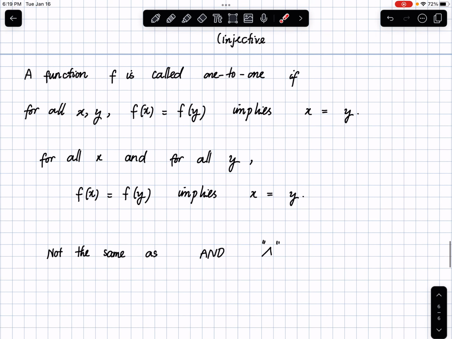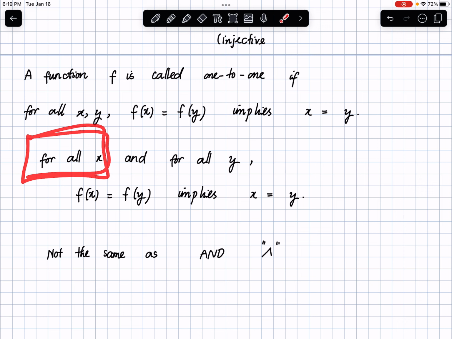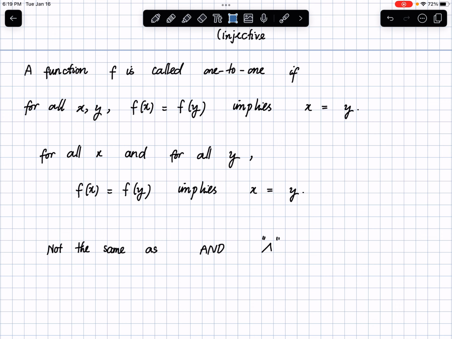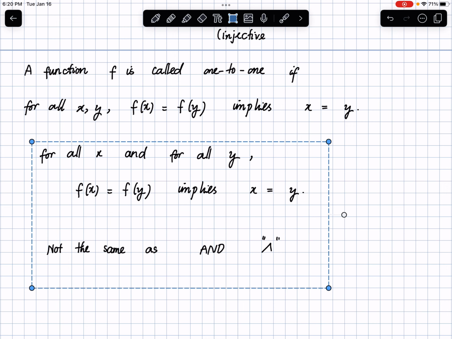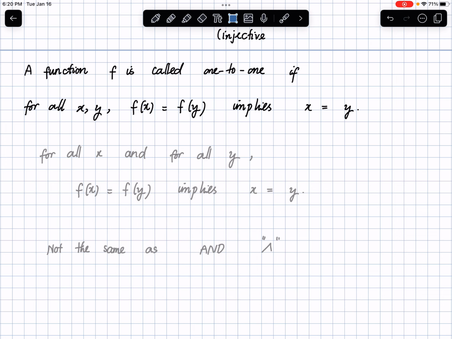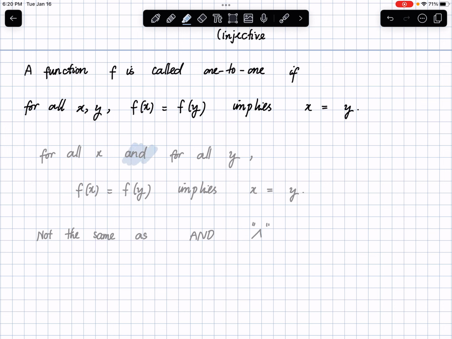But this one is not a statement, it's just for all x and for all y. It doesn't say anything logical, it just quantifies. So it's not the same as this "and". And when we negate it, we don't change this "and" to "or". Just keep it the same: for all x, comma, y becomes there exists x, comma, there exists y. So just a remark that this "and" and this "and" are not the same.